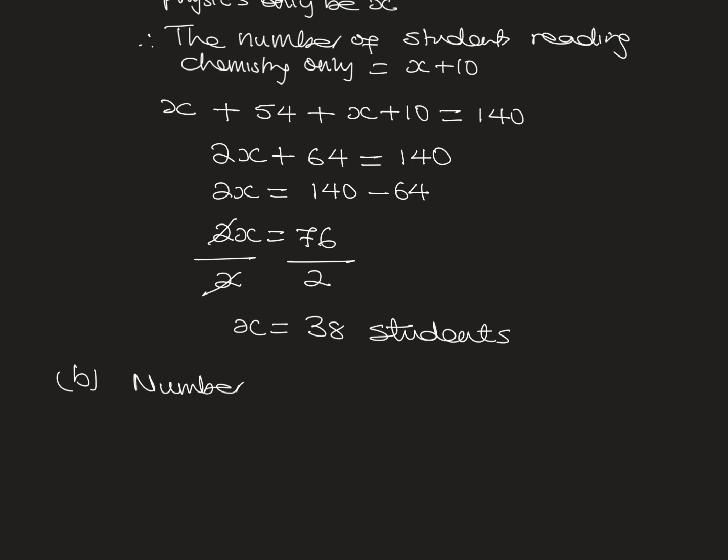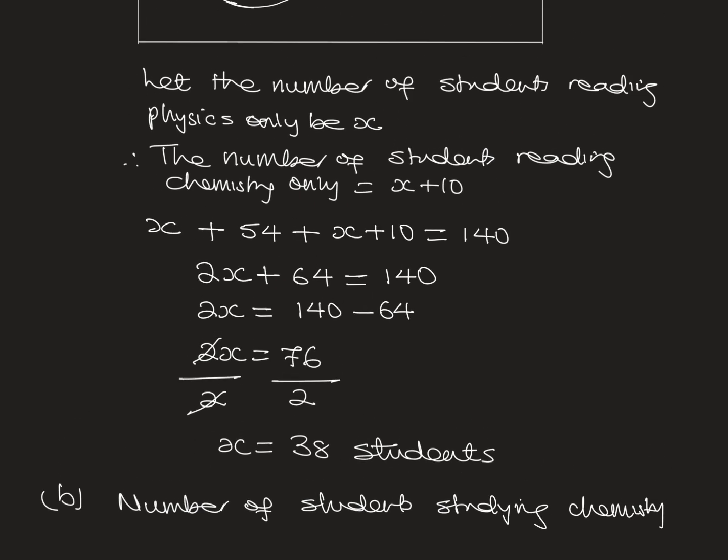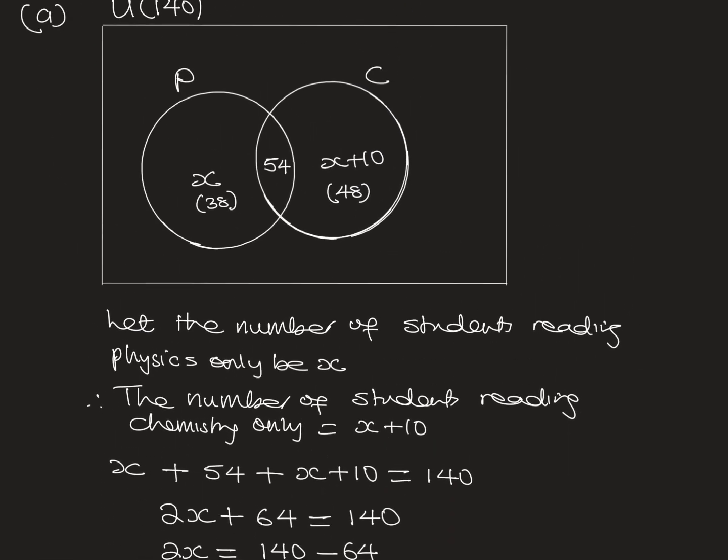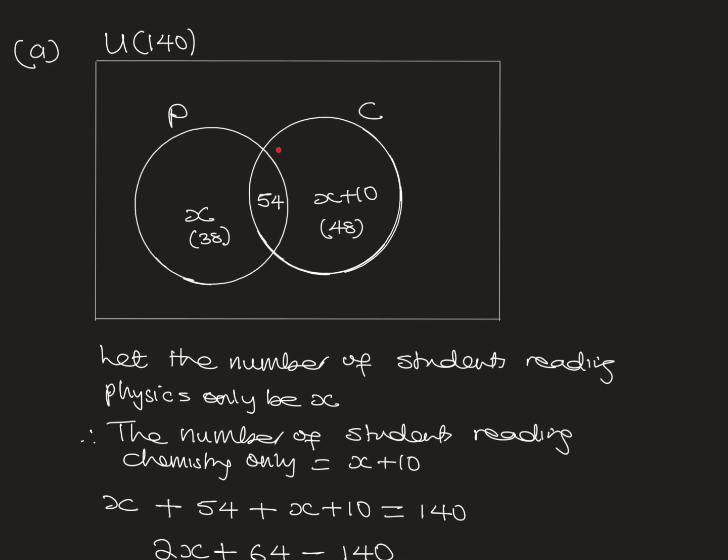Number of students studying chemistry is what? We said that is going to be this circle. Okay, that is going to be 54 plus x plus 10. That will be the total number of students studying chemistry.